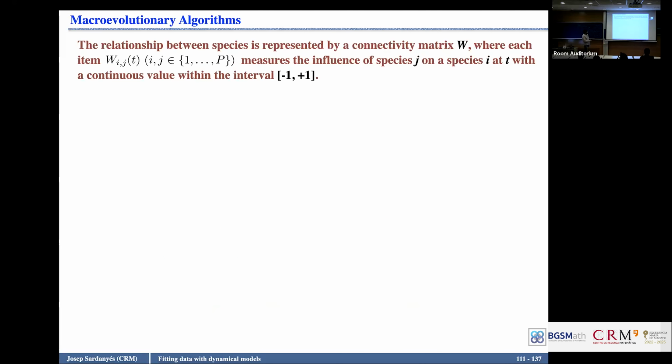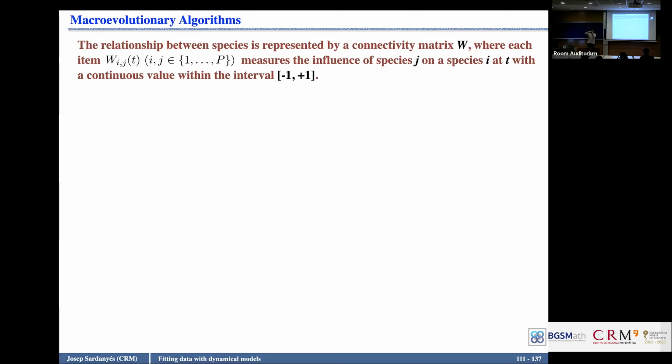So the relation between the species is represented by a connectivity matrix, W_ij, that changes in time, and measures the influence of a species i on j. So, for example, if I have a trophic network, I can have an adjacency matrix where I have the interactions between all the pairs of species.